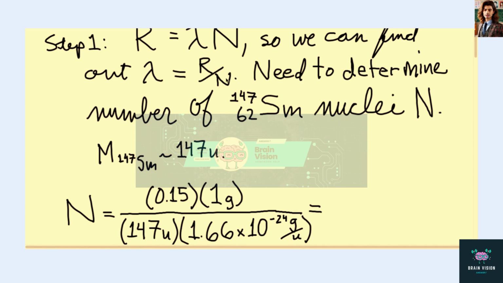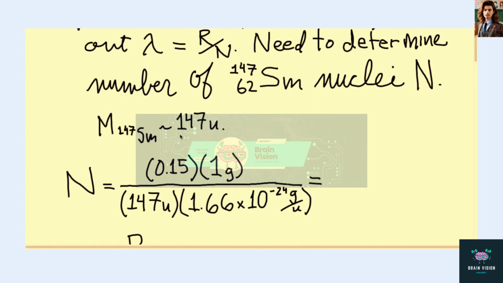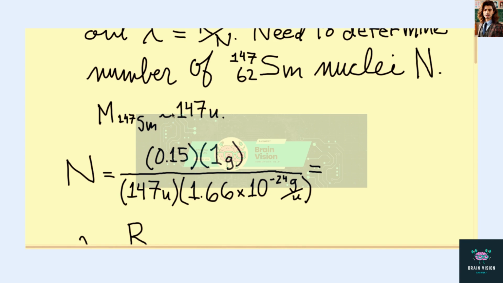But we don't have the number N yet, so we'll need to determine that from the atomic mass of samarium-147.